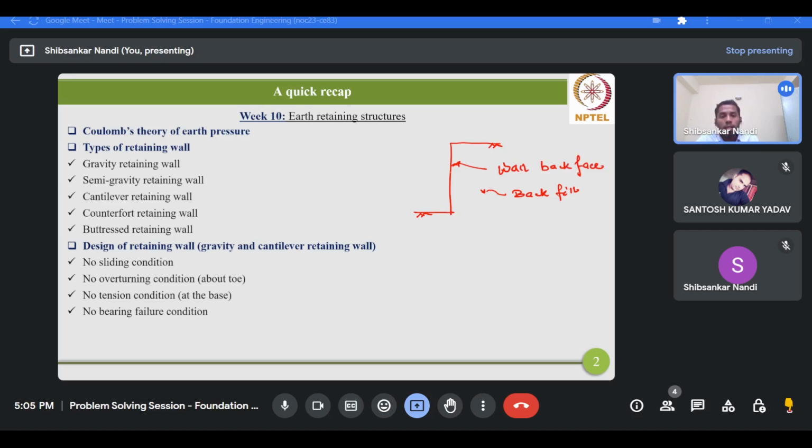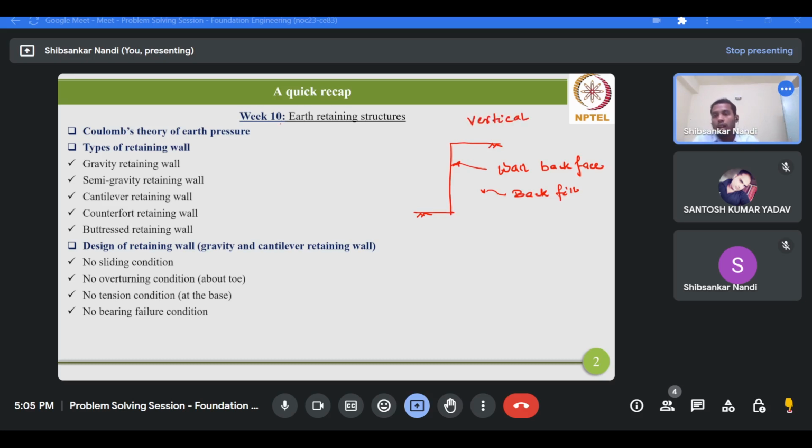So in Rankine's theory, no angle of wall friction between the wall backface and the backfill material is considered. Again, this wall backface is considered to be perpendicular, or vertical.